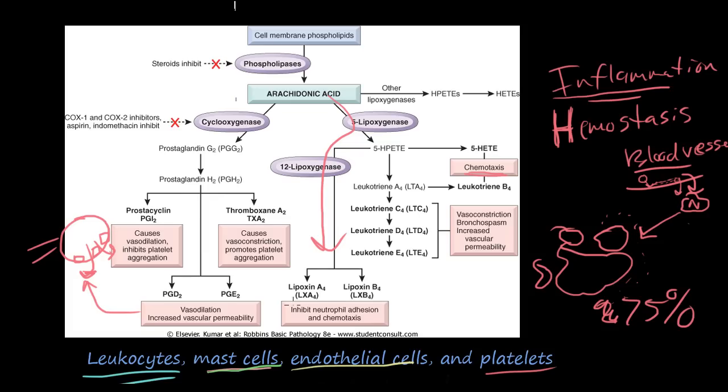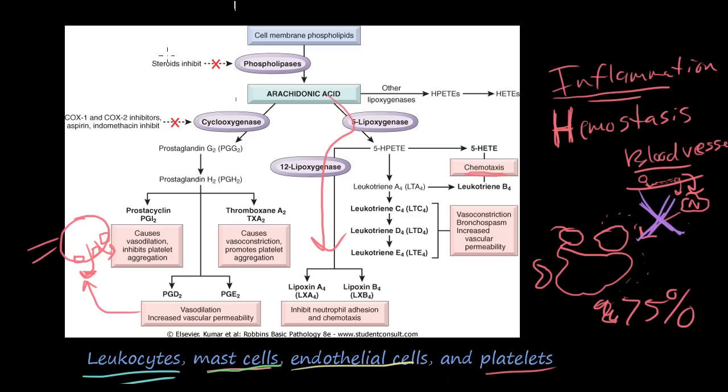These chemicals here inhibit this process, and it also inhibits this chemotaxis, so they won't know where to go. As this fight is coming to an end, the leukocytes will switch pathways and start going down this pathway.